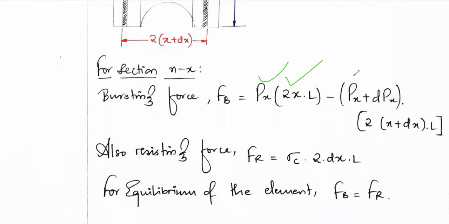The pressure which is coming inwards, I have taken as negative. So the minus sign indicates this Px plus dPx is acting in a direction opposite to Px. Px, internal pressure or radial pressure, I have taken as positive and the outer pressure is taken as negative. So the area on which this pressure Px plus dPx is acting is given by the same thing.